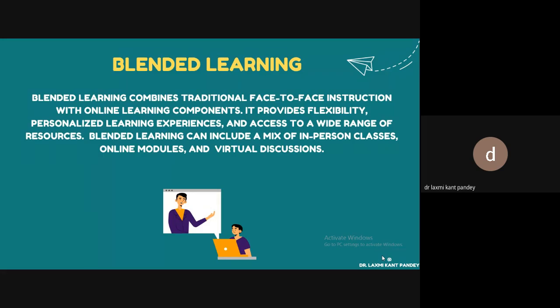From there, students can download those PPTs, those PDFs, those practical manuals, and in advance, if students have all the learning materials, they can study themselves before coming to class.